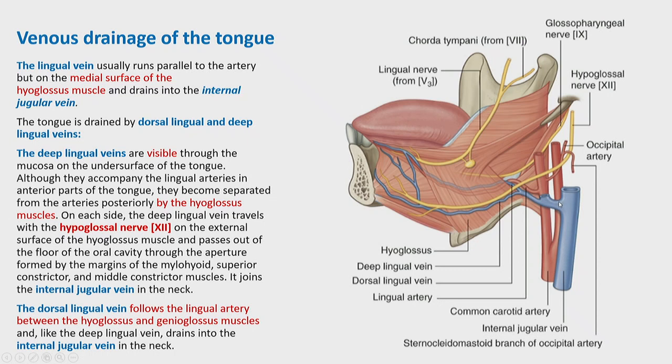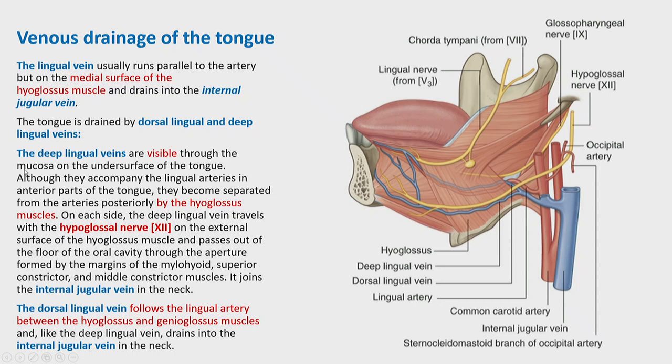So here is the lingual vein, but here you have the two main sources of the vein. Be careful with veins, most of the time we have variation, so it's not 100% what is written. But the main two sources are the dorsal lingual, and the other one is the deep lingual.